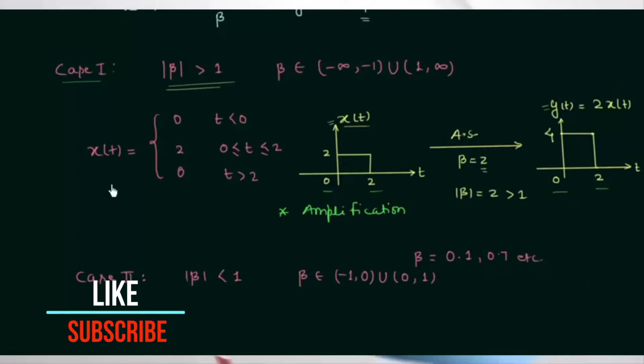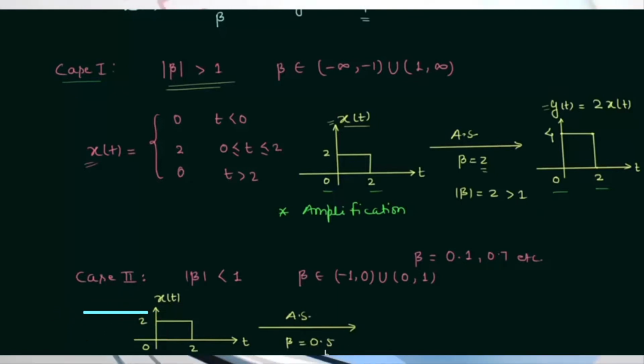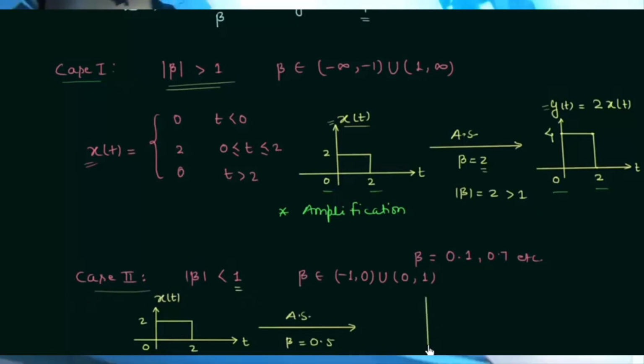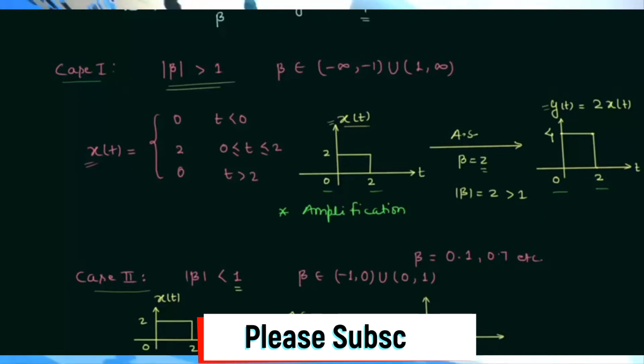In this case also, I will take the same original signal x(t). After this, we will perform the amplitude scaling in which beta is equal to 0.5. Mod of beta is also equal to 0.5, which is less than 1. So case number 2 is satisfied, and the original signal will now change to a signal in which the amplitude is equal to 1.